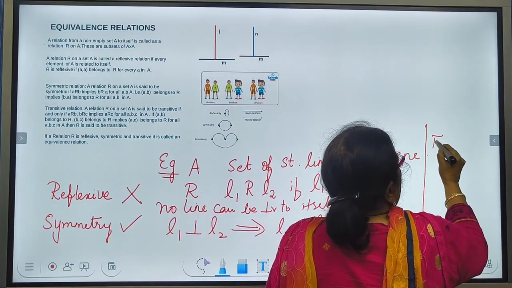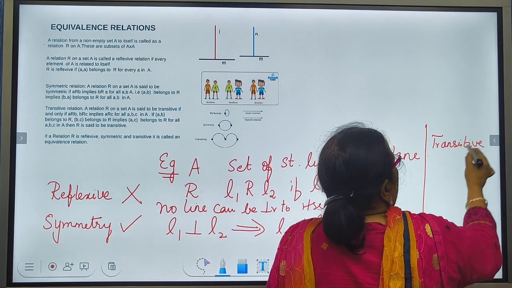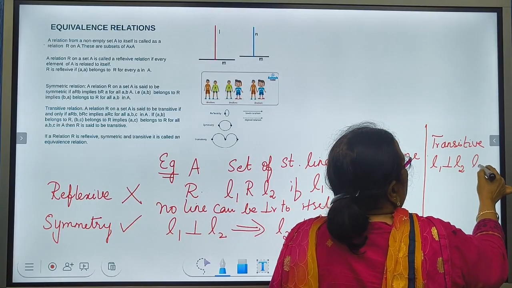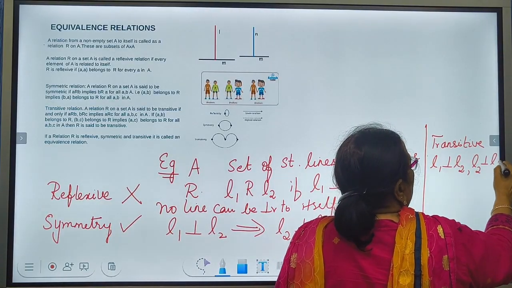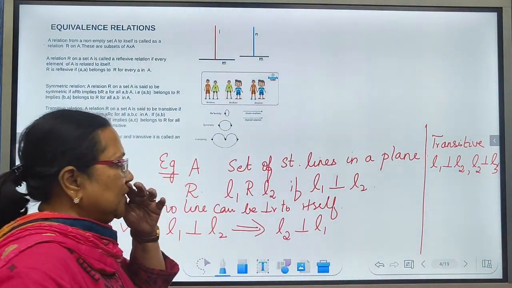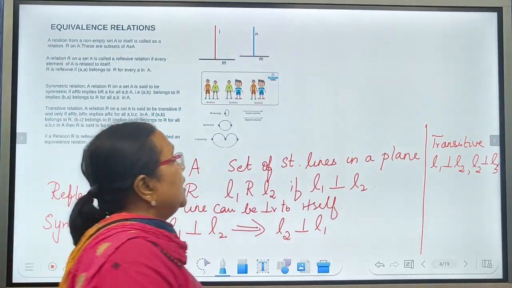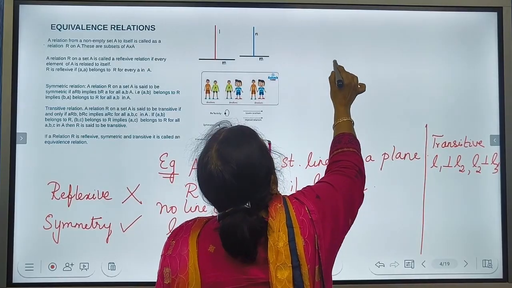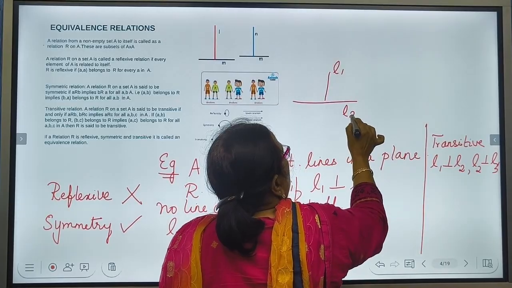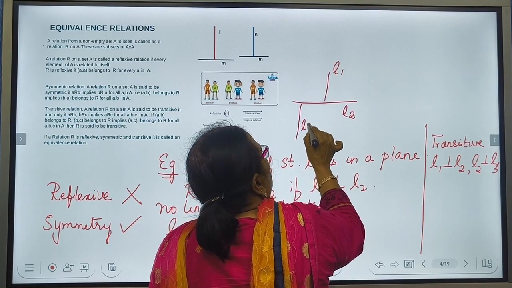What about transitivity? Let L1 be perpendicular to L2 and L2 be perpendicular to L3. Then what will happen? L1 is perpendicular to L2, and L2 is perpendicular to L3.